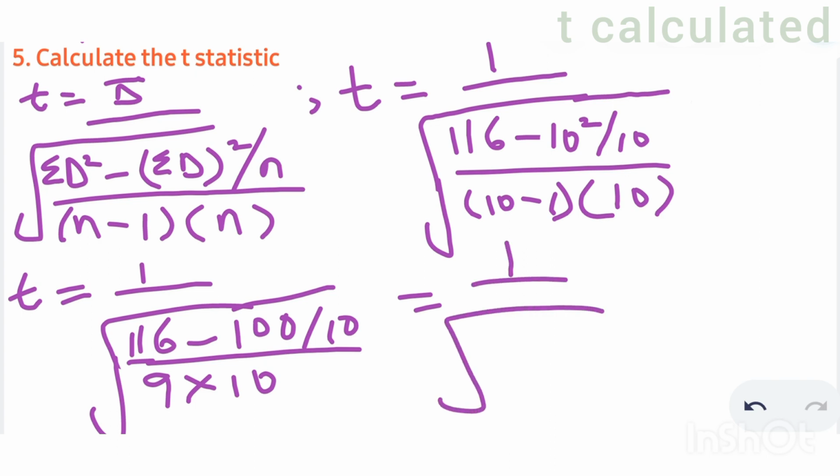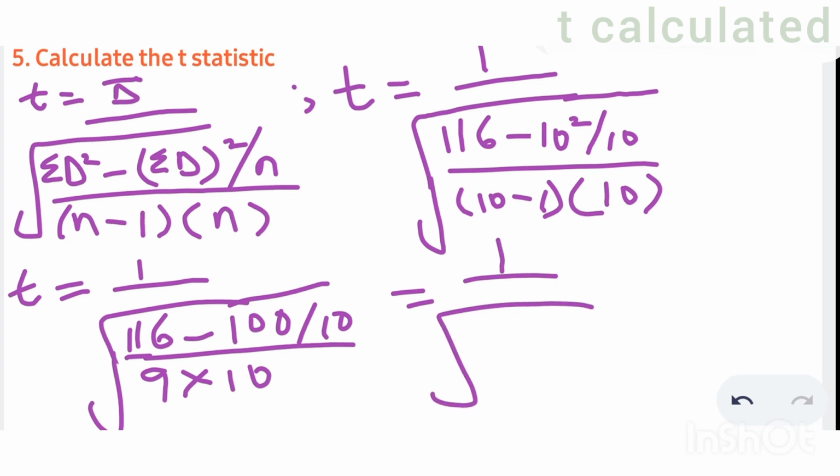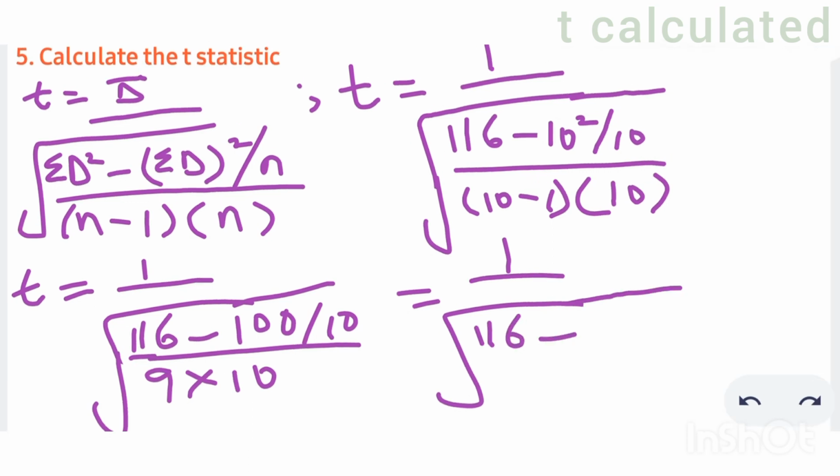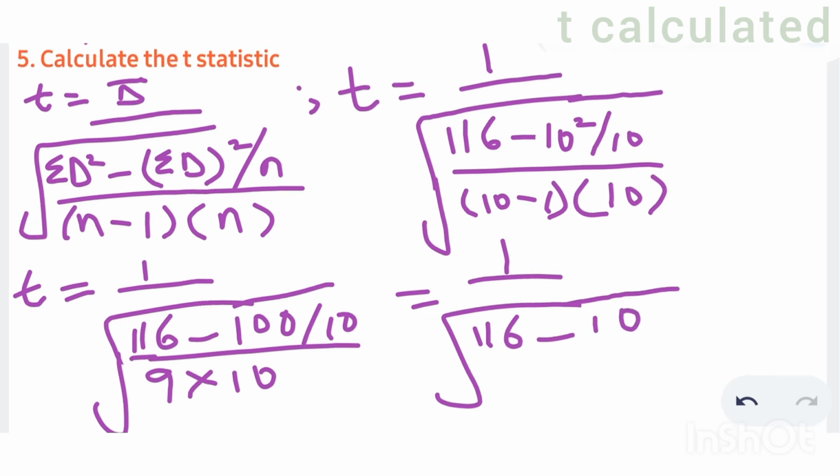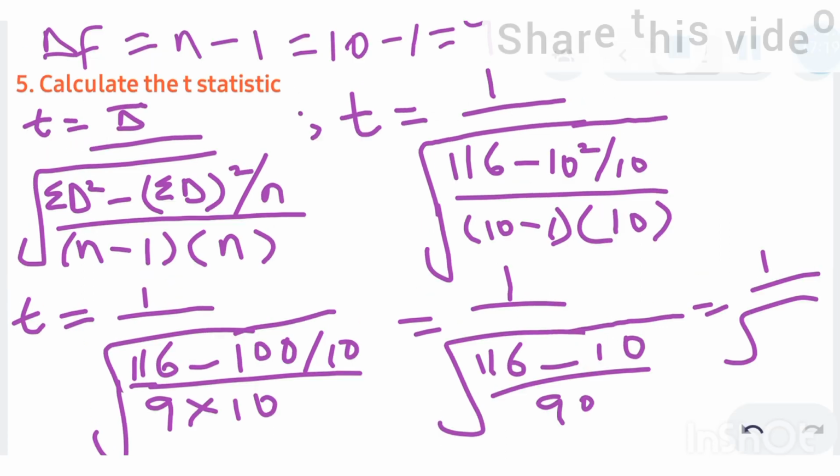Here we have 116 minus 100 divided by 10, which gives 10, over 9 times 10, which gives us 90. So t equals 1 over the root of 116 minus 10, which gives 106, divided by 90.